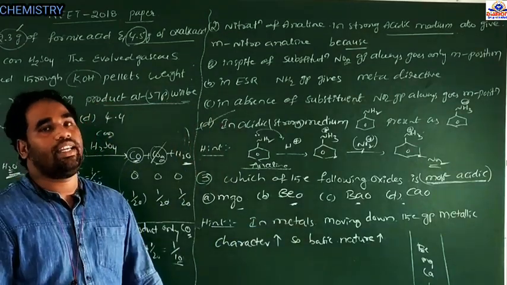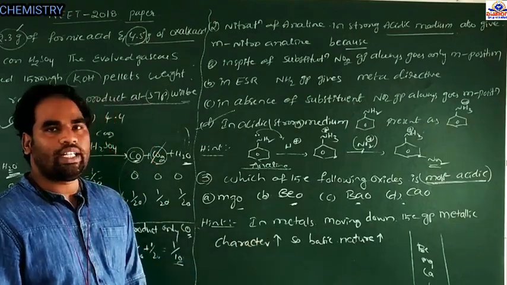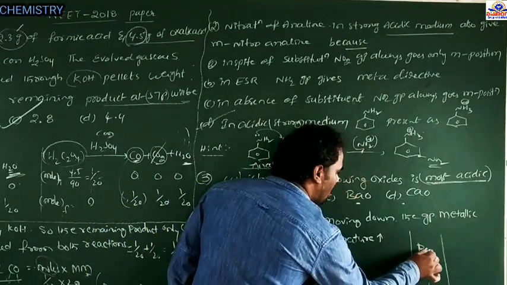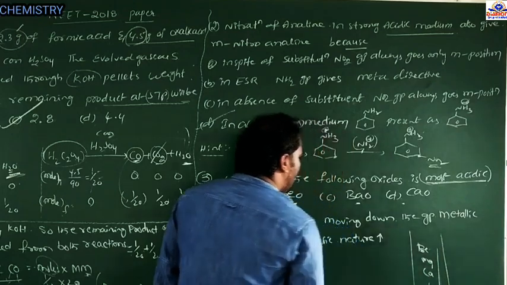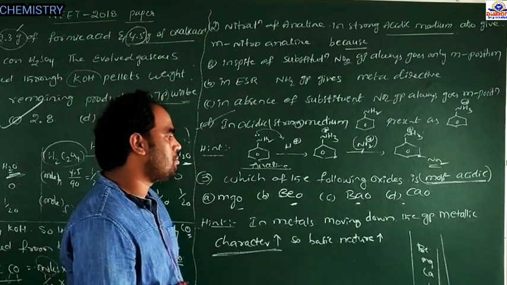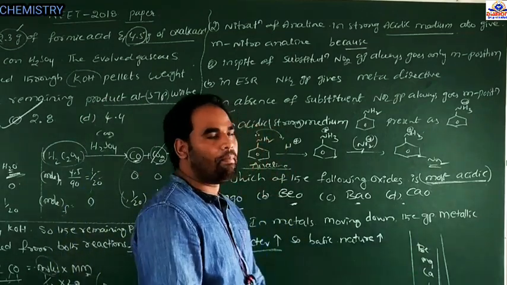These are the metals, second A group elements, alkaline earth metals. Moving down the group, from top to bottom, from beryllium to barium, the metallic character increases. Barium is most metallic in nature when compared to beryllium.